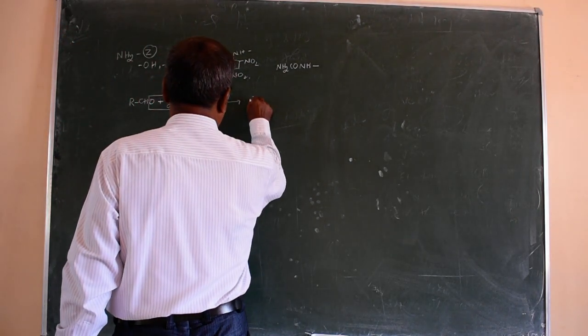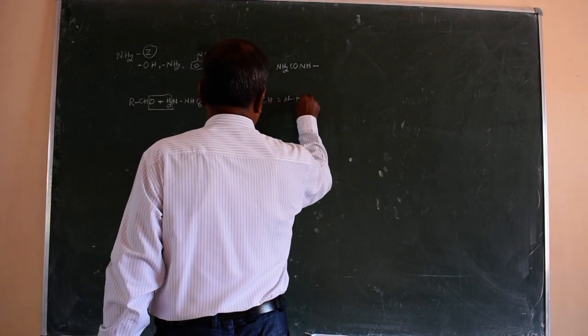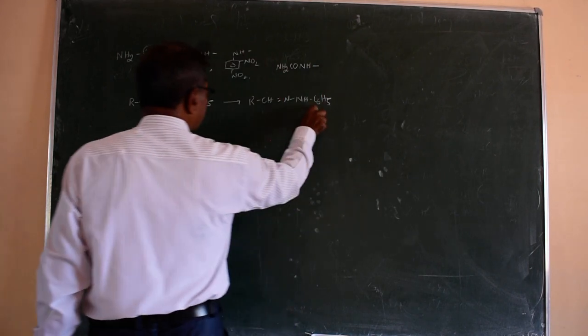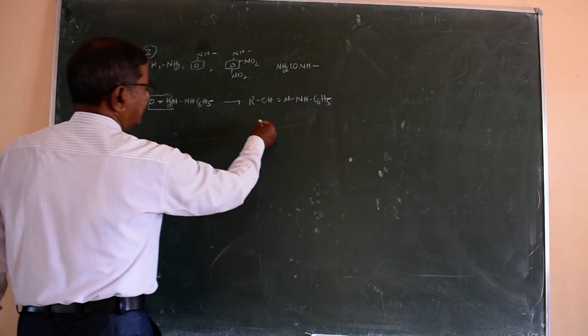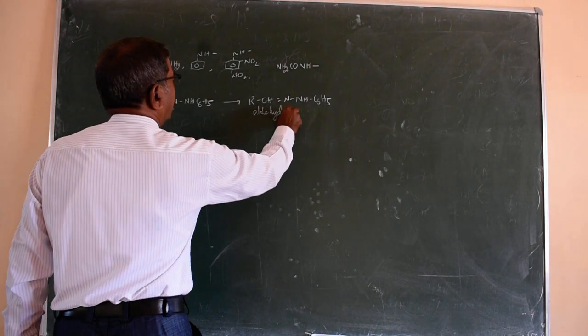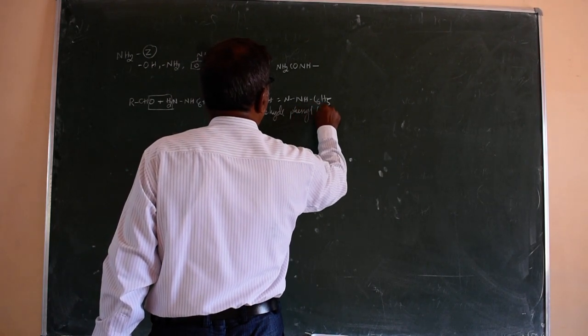The product is RCH double bond NNHC6H5. We know this is phenylhydrazine, so it is phenylhydrazone, or aldehyde phenylhydrazone.